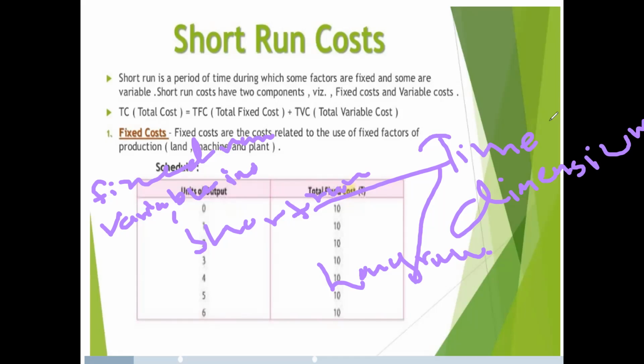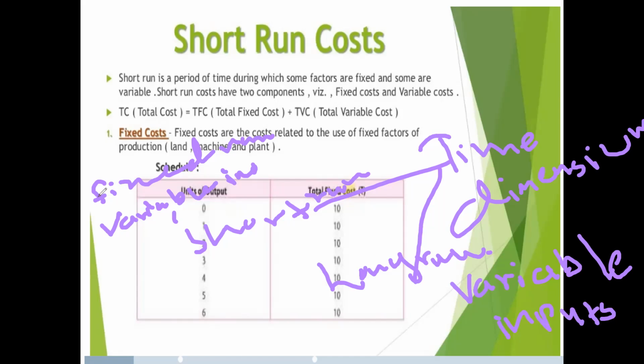So after 2 months, we consider it as the long run. Up to 2 months, we consider it as the short run. So in the short run, we can identify fixed and variable inputs. But in the long run, we can identify only the variable inputs.